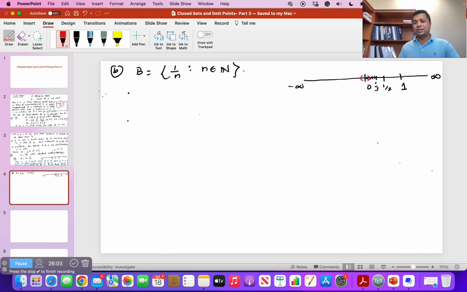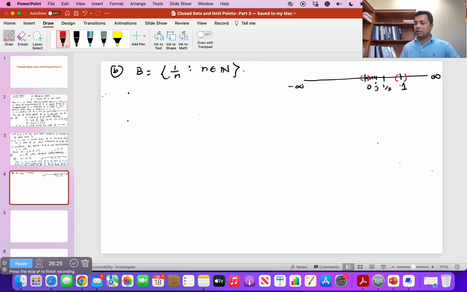1 is an element of B, but 1 is not a limit point of B, because we can create a neighborhood of 1, an open interval containing 1, which intersects the set B at only one point, which is 1.